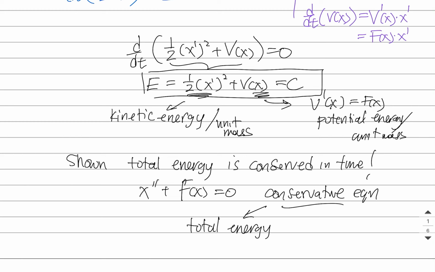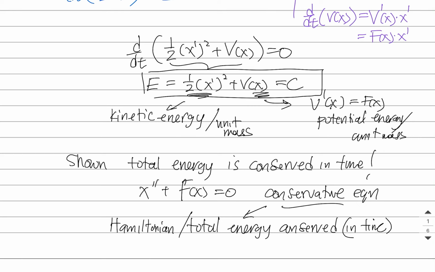It's conserved in time, and we'll talk about that in a different context a little bit later. Sometimes they like to call this total energy the Hamiltonian, but we won't really need to get into that. The point of the story is Newton's law gives us this conservation.